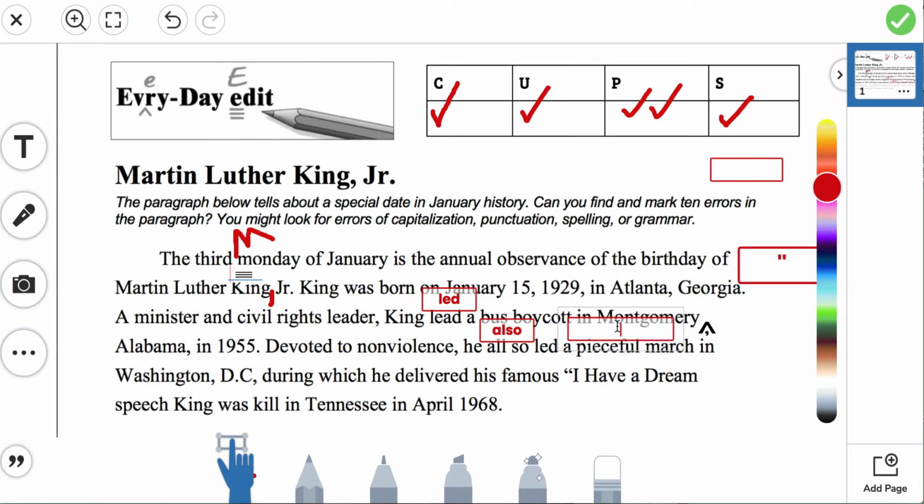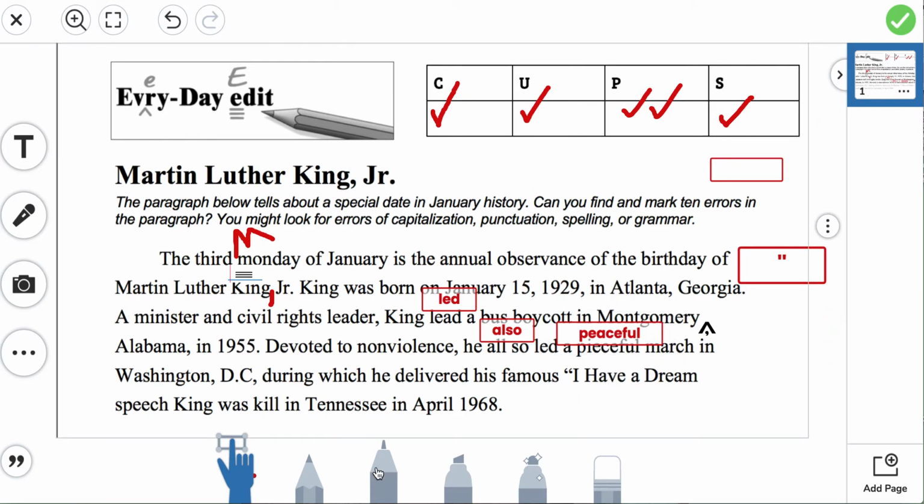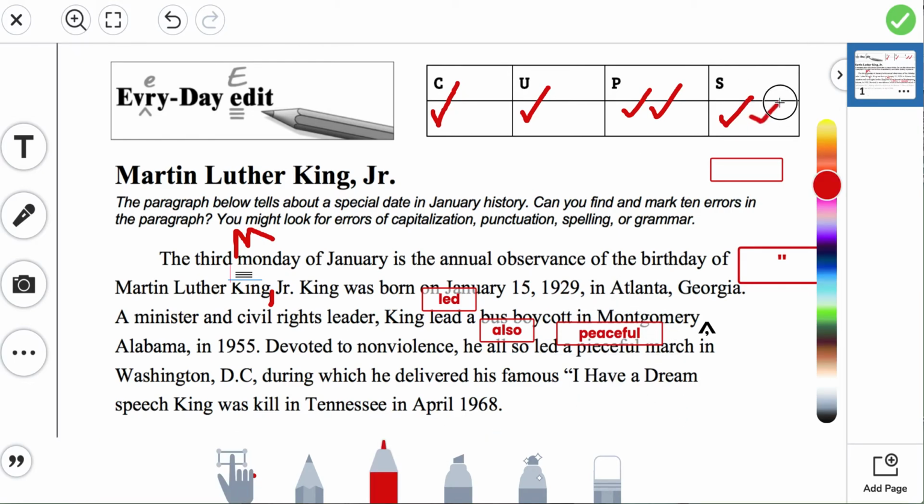This one's talking about a section of something, like when you cut a piece of pie out, like a section, and it's also misspelled. P-E-A-C-E-F-U-L. Peaceful. So that is a spelling error. We changed the spelling. We corrected that.